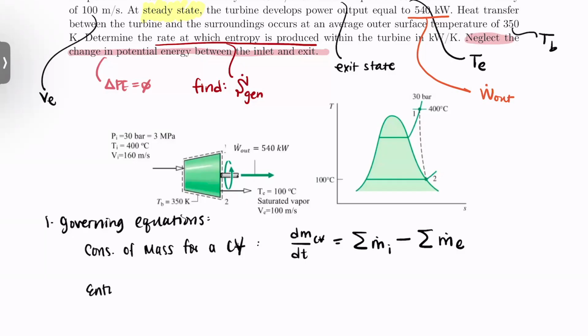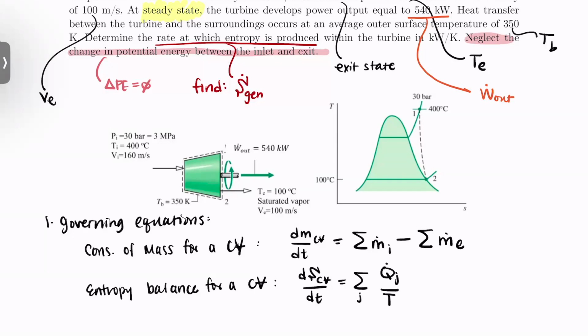And then our entropy balance for a CV is dS CV dt. So the time rate of change of our entropy in the control volume is equal to the sum over all of our boundaries at different boundary temperatures, Q dot j over Tj, plus the entropy flow rates from the mass flow rates coming in.